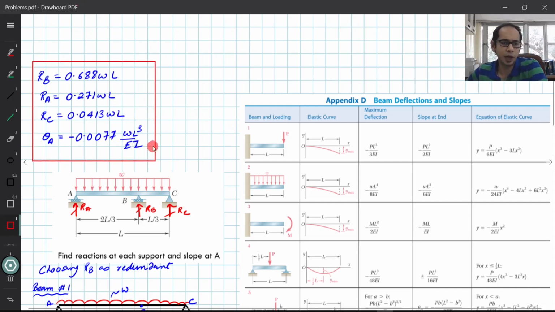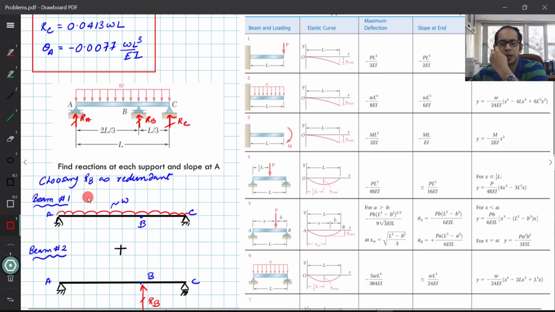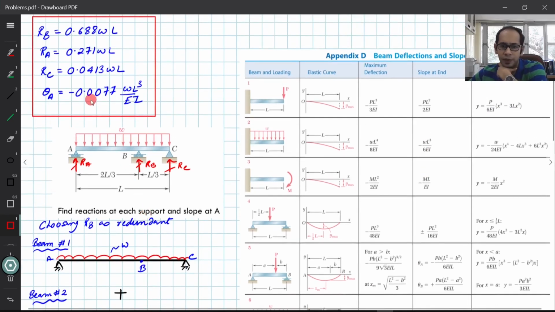These are the overall answers that you get: the reactions at each of the supports and also the slope at the point A. The slope at point A you can easily compute, because you get the value of the slope at A for the point load case, and also for the UDL case, which gives you the slope at the ends. You can simply add the slopes to find the slope for the final overall structure.